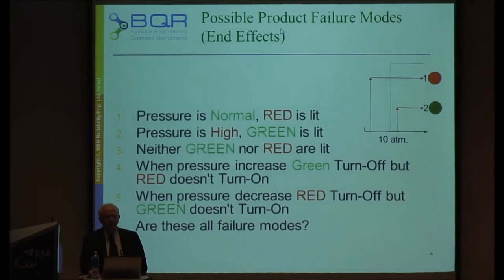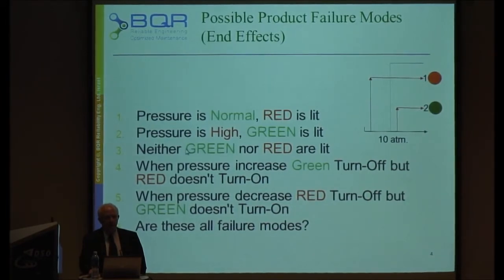So what are the possible product failure modes and defects? The first one is that the pressure is normal, and we get the red lighted. So the pressure is below the 10 atmospheres, and then the red is lighted. The other one is that the pressure is high, but we get the green LED lighted.